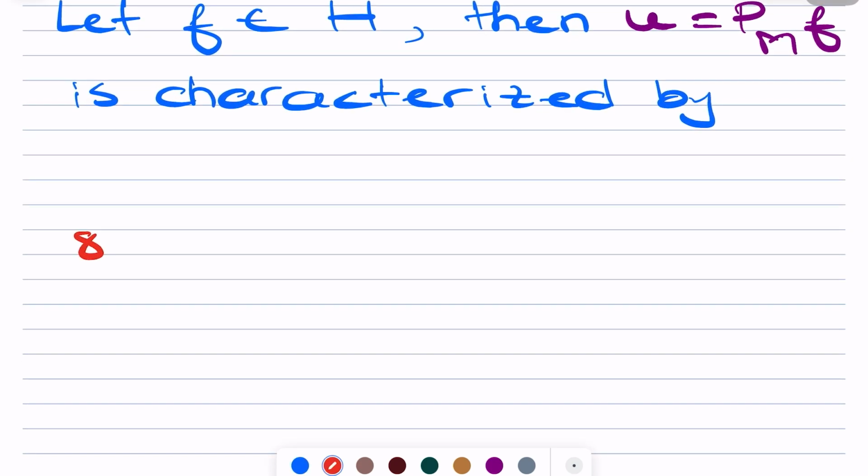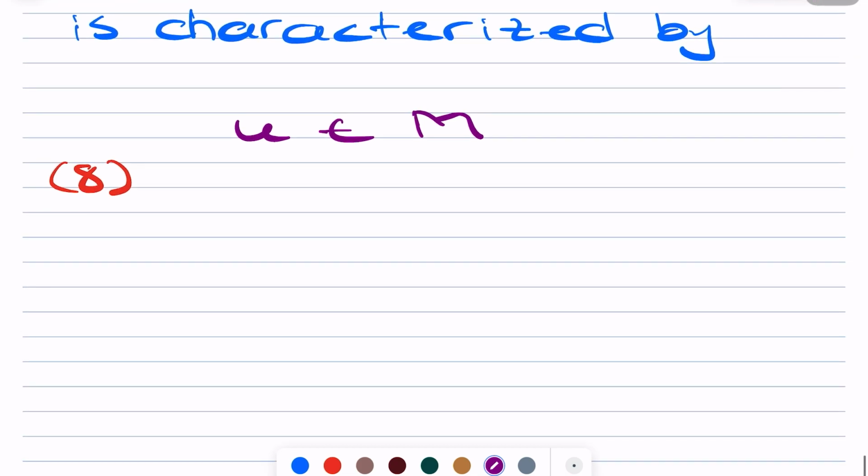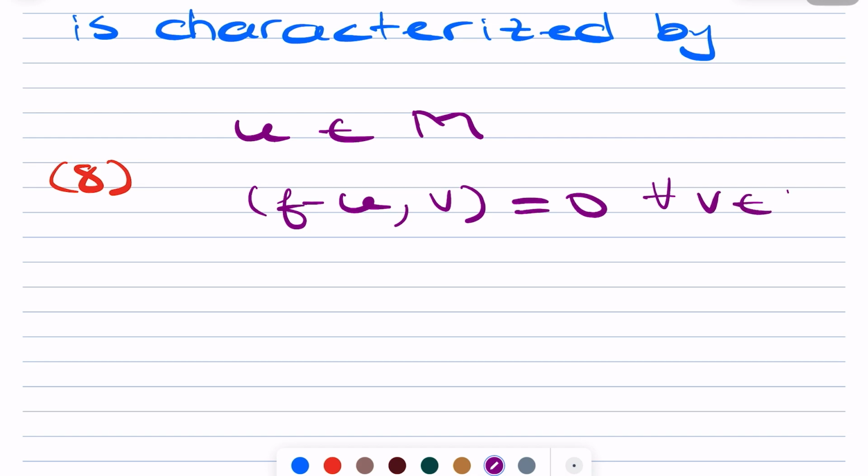this is characterized by u is in M, and the scalar product of f minus u, v is equal to 0 for every v in M. So we no longer have an inequality, but an equality here for the case where M is a closed linear subspace.